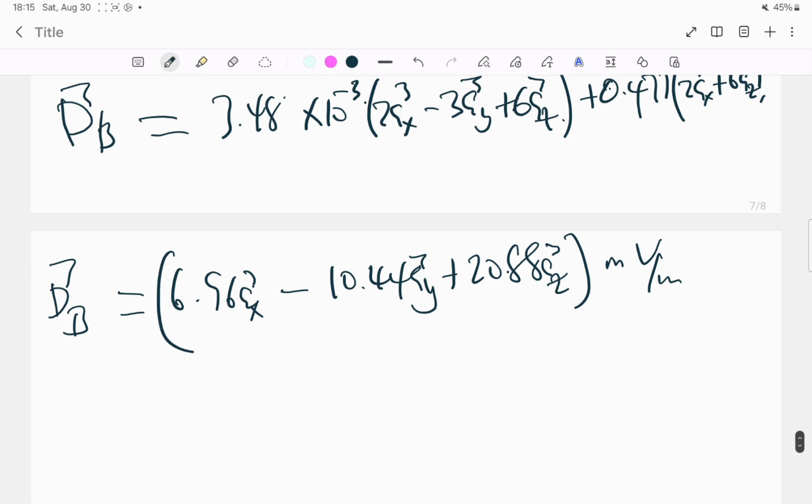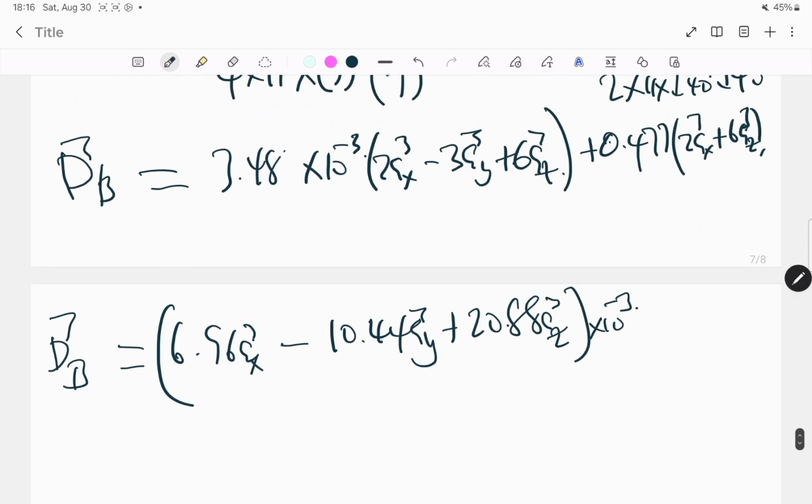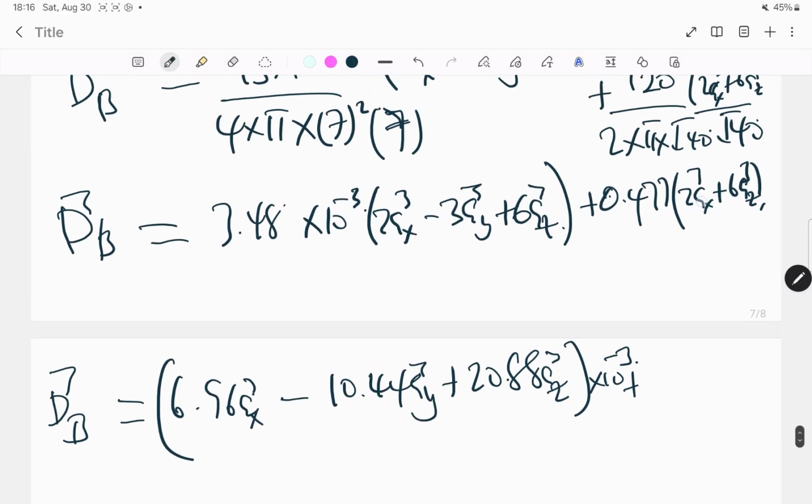I'm doing all of them at a time, so I can write times 10 to the power minus 3 here. So let's come and do the other one. So we have here plus 0.477 times 2.